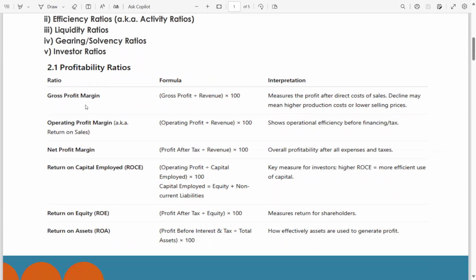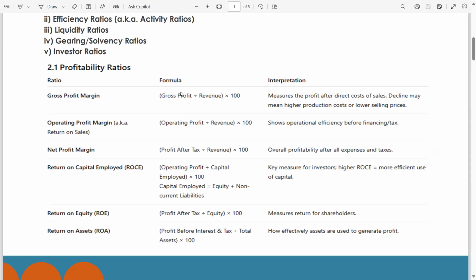We have gross profit margin, operating profit margin, return on sales, net profit margin, return on capital employed, ROCE, not a red rose, it's ROCE, okay? Return on equity, ROE, and return on assets.